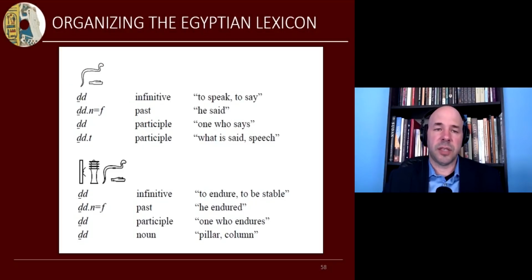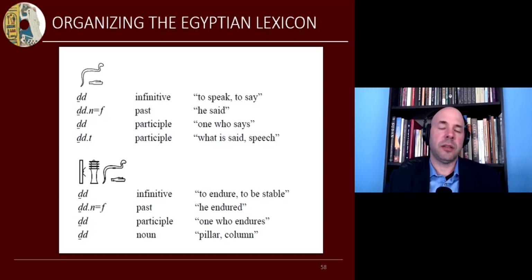So here are a couple of examples of how this might work in Egyptian. The top example, you have a root that just has two consonants in its structure, jed, so the underlined D and the D. And it can be used in a variety of forms, in the infinitive or the past tense or the participle, etc. But notice that you can also have in Egyptian a root with the same sounds, but a different meaning.